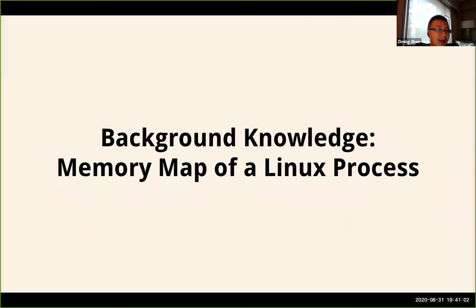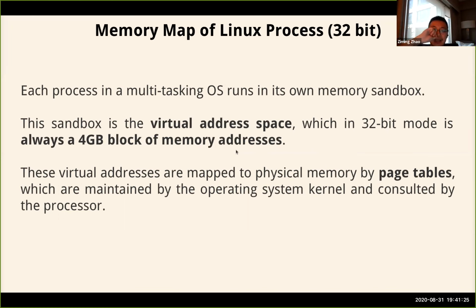Okay, after talking about the static structure of a Linux binary, we talk about the memory map of a Linux process. Obviously a process is loaded by the loader from the binary into memory, and when it is in memory, it has a slightly different structure from its counterpart on the hard disk.